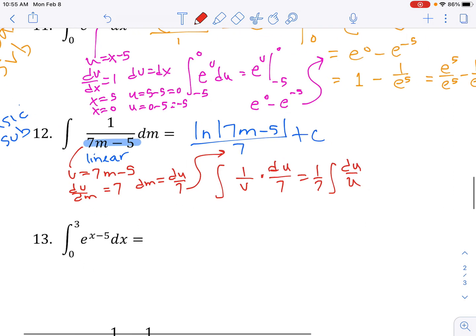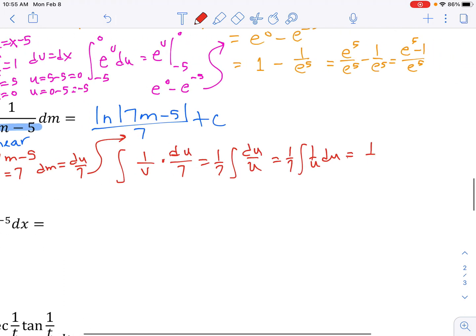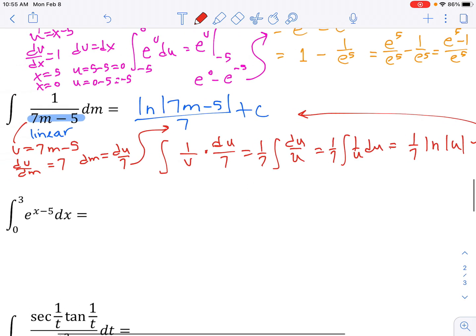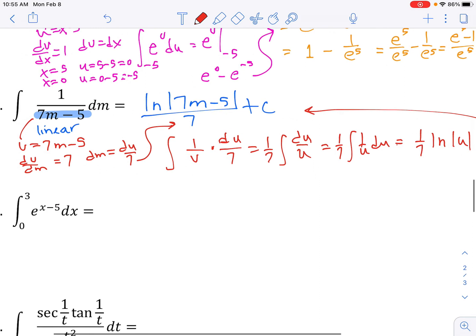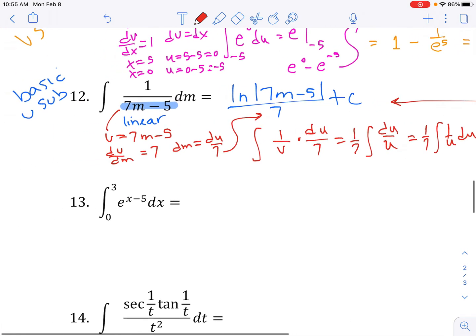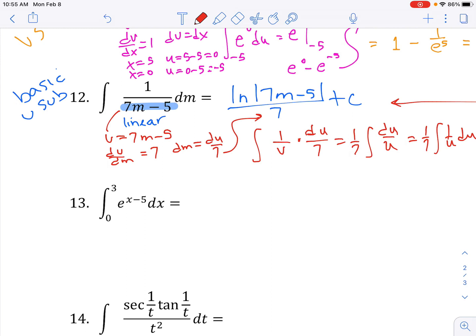A lot of people write it like that, which is a 1 over u du. And that's how we get the natural log, right? 1 over u is natural log. 1/7 natural log of u. And then when we come back and substitute the u out, we get the 7m minus 5. So that shows you that basic rule, and then accommodating for the constant derivative of that inner part of the composite really does work out.